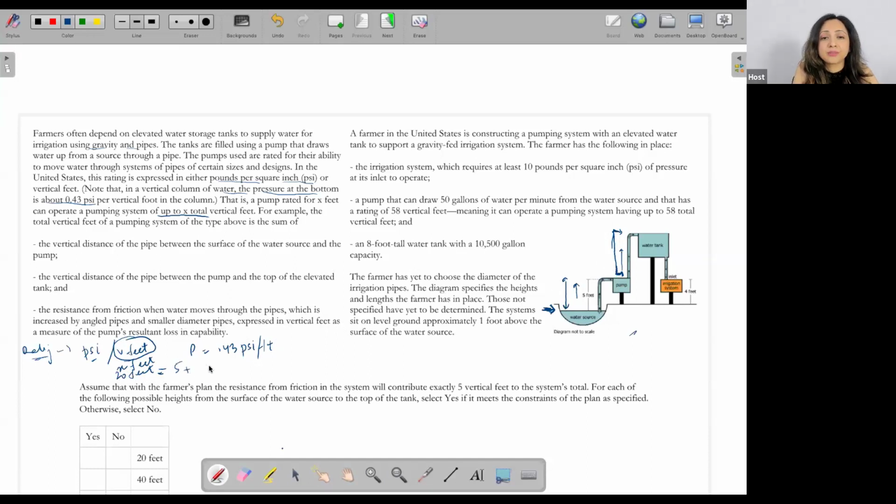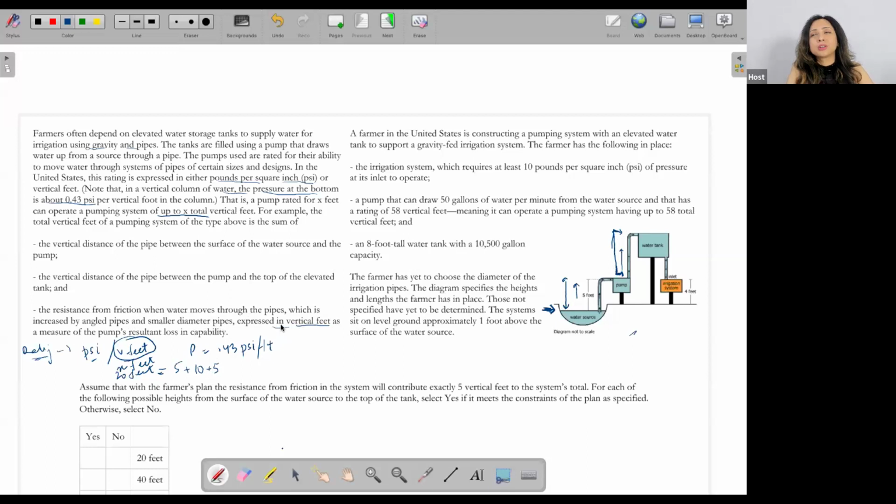So let's take it as 5. Plus, this is this particular distance, which we don't know because it's not given. Let's take it as 10 feet. And then it is also the resistance from friction, expressed in terms of vertical feet as a measure of the pump's resultant loss in capacity. Let's say this is also another 5 feet.